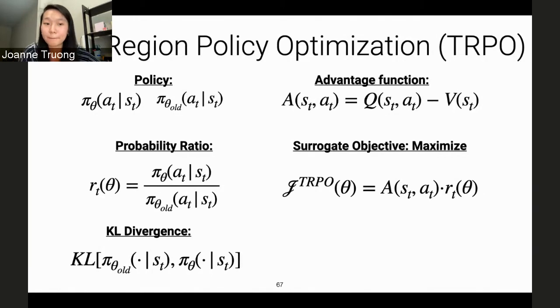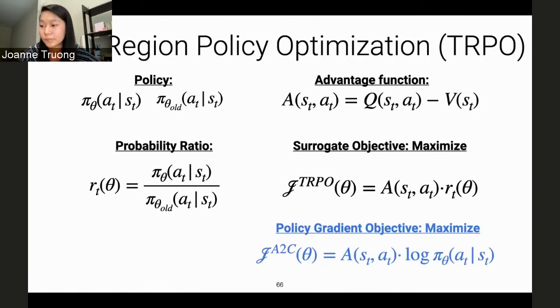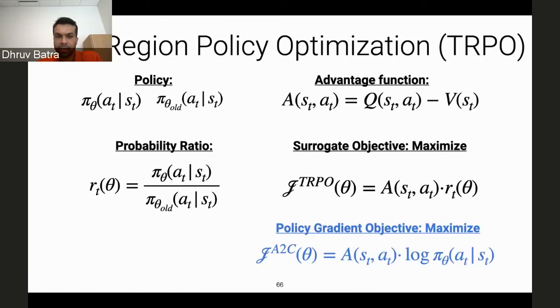Sorry, before you get to that objective, Joanne, I just want to pause here and say this is a recurring theme that you have seen in reinforcement learning: the agent goes out and gathers data itself. It wants to update its parameters, whether of a Q function or a policy network.